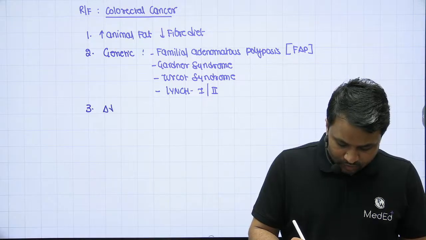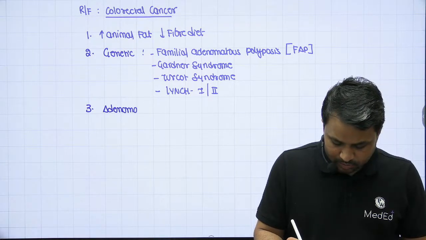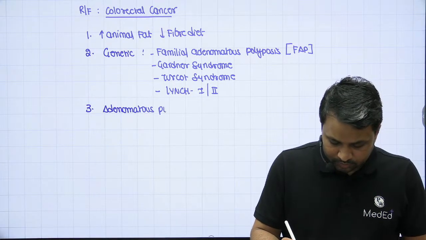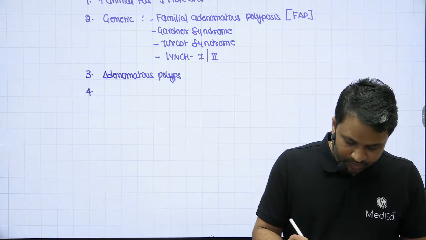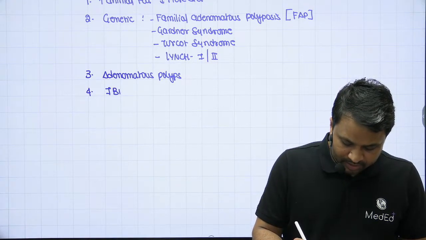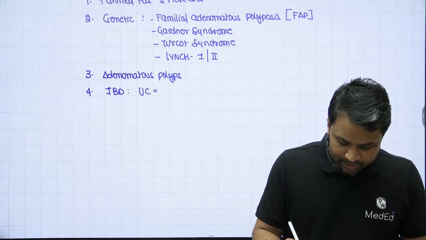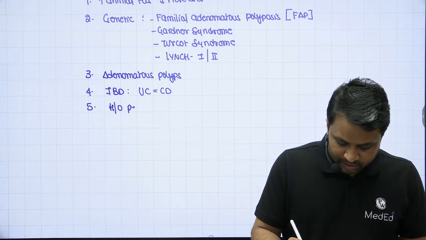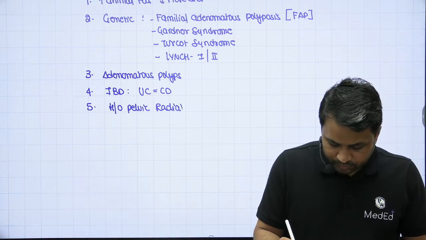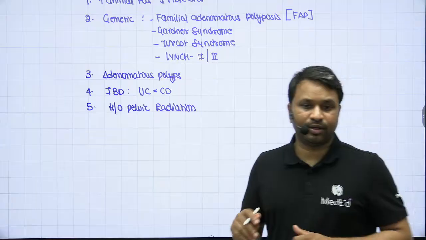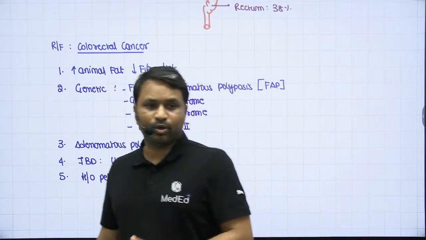Then presence of adenomatous polyps. Then you have inflammatory bowel disease, where ulcerative colitis and Crohn's disease cause equal incidence. History of pelvic radiation, right? So these are the important risk factors.